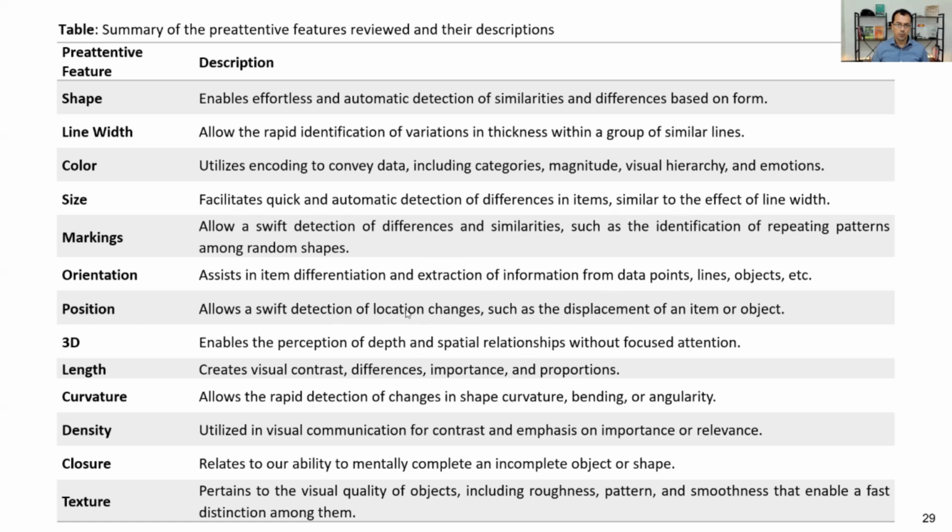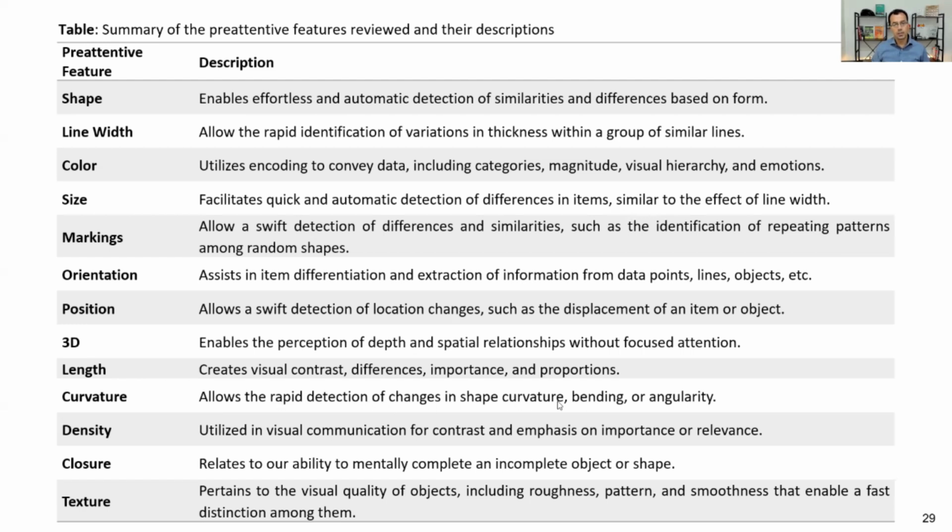The position: if we have a clear definition of the environment in which a certain object is located, the position is certainly a preattentive feature in the sense that it helps us to differentiate items from one another. 3D gives us the perception of depth and of spatial relationships between items or objects in a visual. The length creates a contrast in terms of the size or the time necessary to do something.